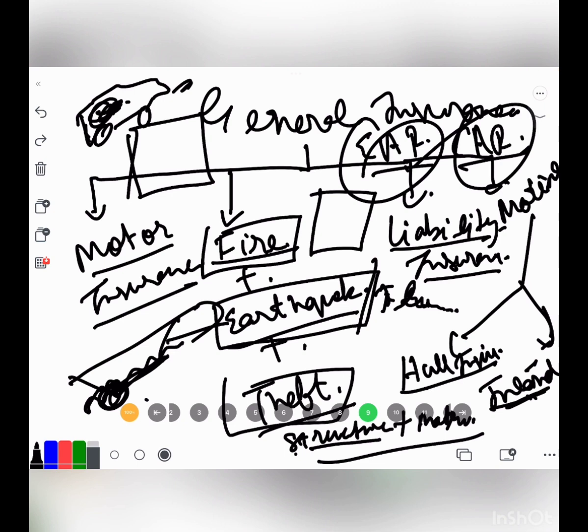So many principles are there, which all the principles I will cover. 6-7 principles are there, and insurable interest. So basic fundamental concepts I'm going to cover in that.